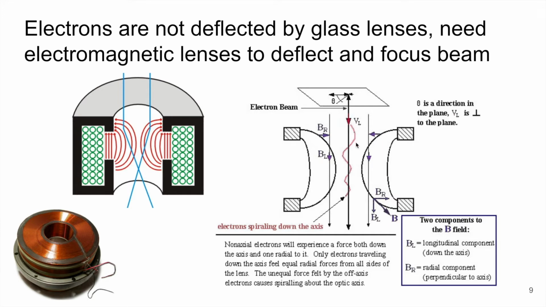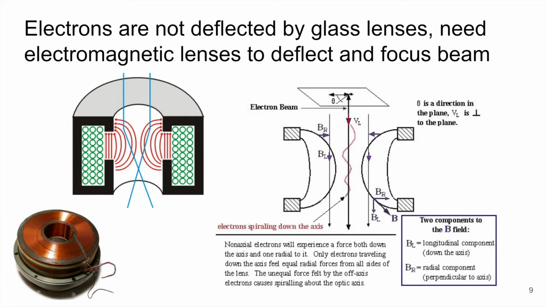And so that force on the electron causes them to spiral closer to that optical axis. And so that magnetic field that's produced creates a force, and they become closer and closer to the optical axis. So that gives us a smaller beam, and that causes the crossover, right? The beam diameter to decrease, and it causes them to converge in the same way.